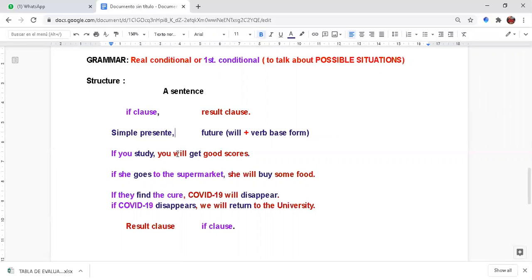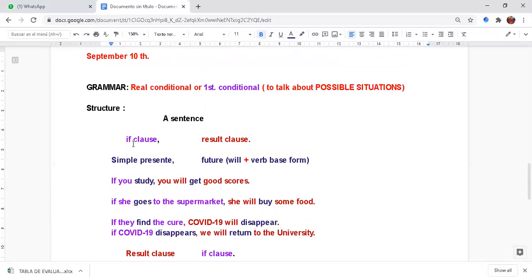As you can notice, we are using two clauses, the if clause and the result clause. What do we have in the if clause? We have simple present, and in the result clause we have the auxiliary will plus a verb in the base form, get. If you study, you will get good scores on the exam, of course.